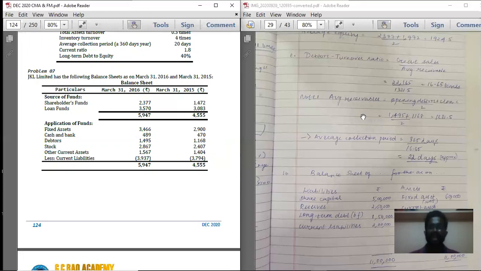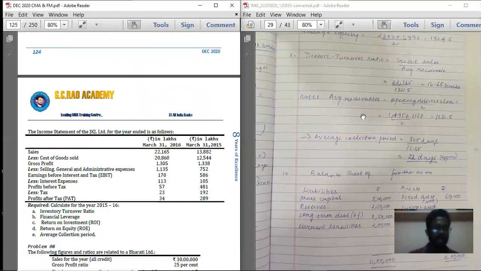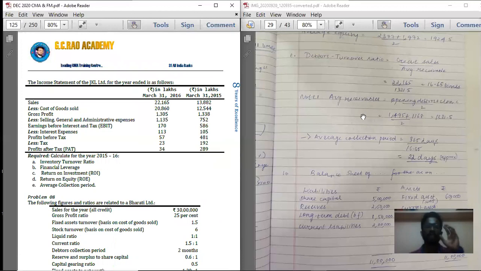They have asked us for average collection period. We have studied in the theory part that collection means it is from debtors, and average payment means it is from creditors. So average collection period is nothing but 360 divided by debtors turnover ratio. First we calculated debtors turnover ratio, that is credit sales divided by average receivable, which is 16.65 times.